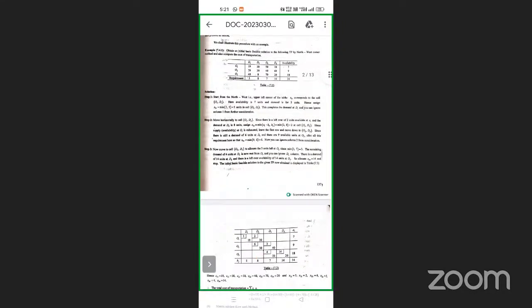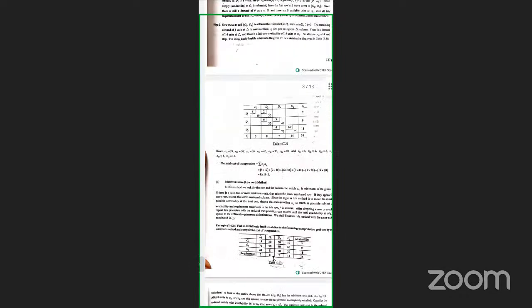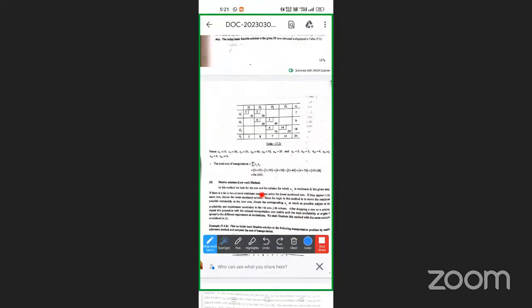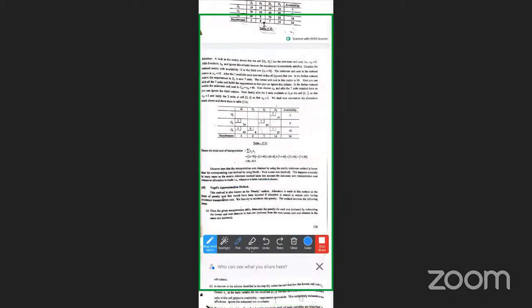Now we can compare with the first method, the northwest corner method. In the northwest corner method, the total transportation cost is 1015 rupees. But in the matrix minimum or lowest cost method, the total transportation cost is 814 rupees.